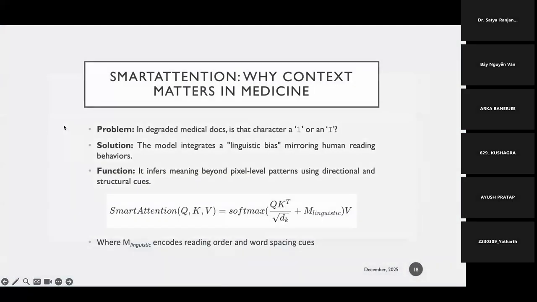We try to extract the letter I from the clinic into text, and we might be confused between I and the number one. So our model looks at the surroundings, at other features, and at other patches, not just the pixel.